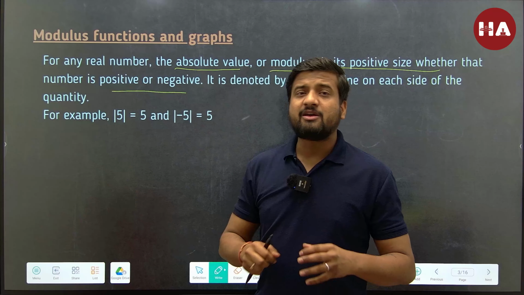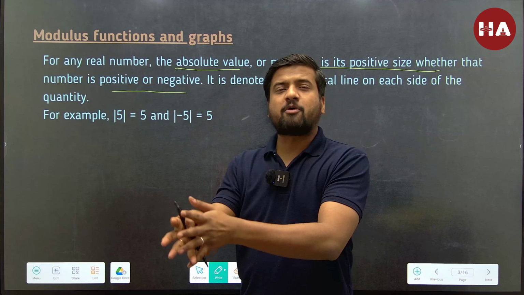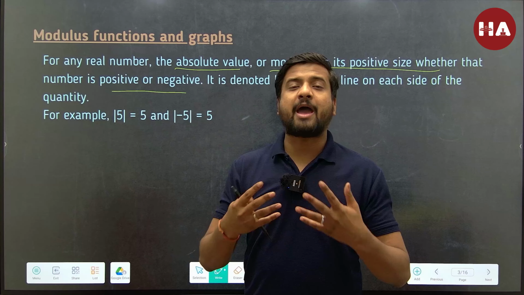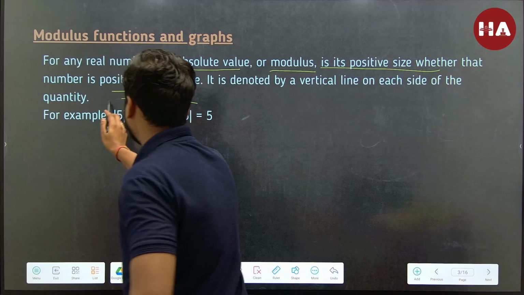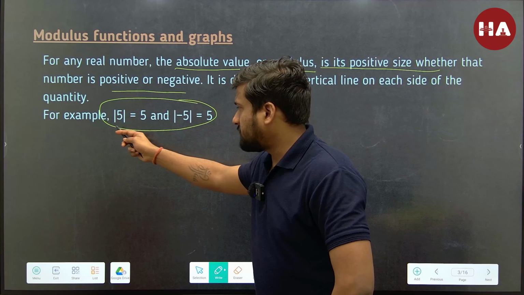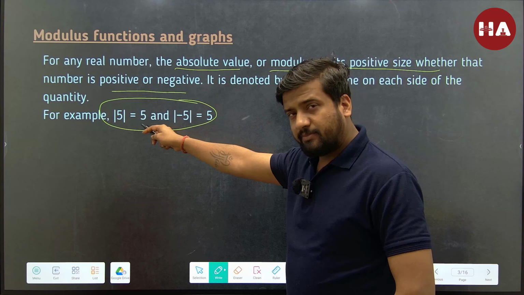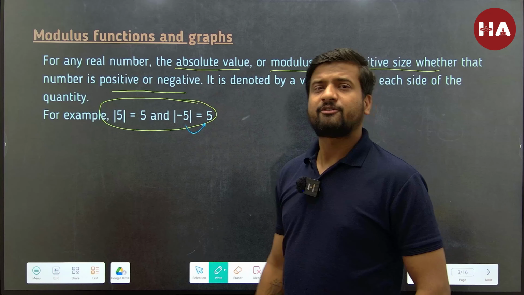So whatever my number is, my answer should be positive. That is basically the absolute value of that number. If I take an example, modulus of 5 will be 5 and modulus of minus 5 is also going to be 5.